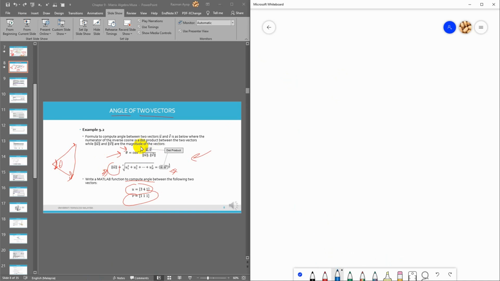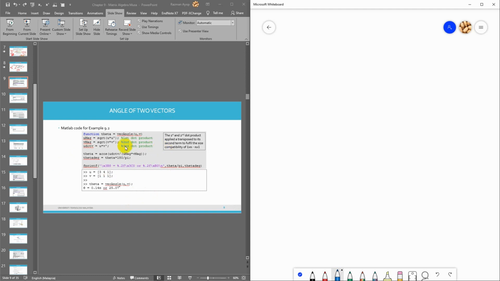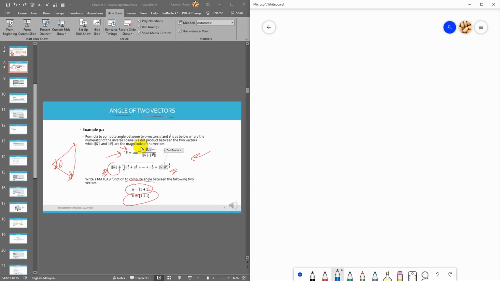If you look back at the coding, you make square root of u multiplied by u bar. What it means is that you have the u magnitude below here. This one is the u magnitude. So u magnitude is basically u multiplied by u bar, to the power of this one. Remember the dot product here.